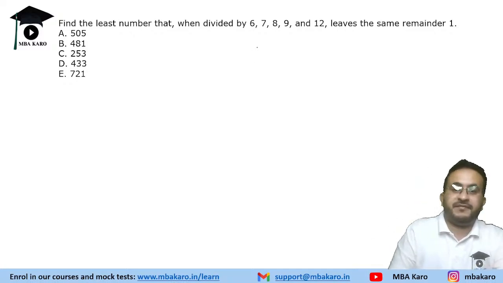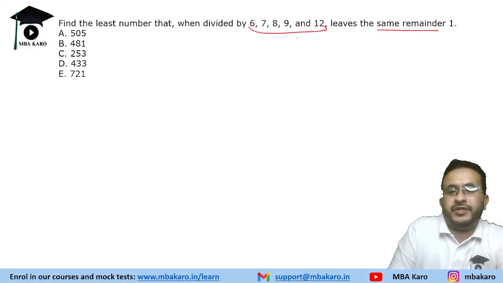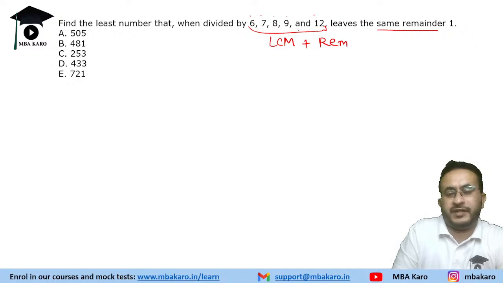Whenever you have the same remainder, what you do is take the LCM of these numbers plus the remainder. So what is the LCM of 6, 7, 8, 9 and 12? We take 7 separately, and 8 and 9 give 72. 72 is divisible by all of the others.